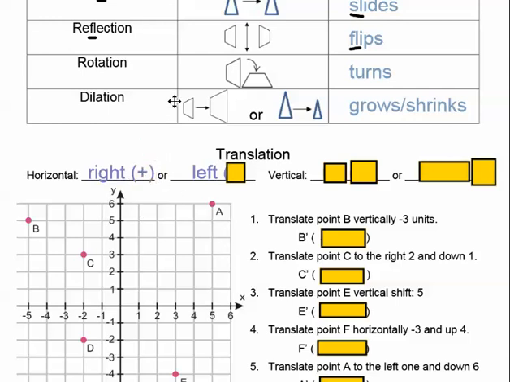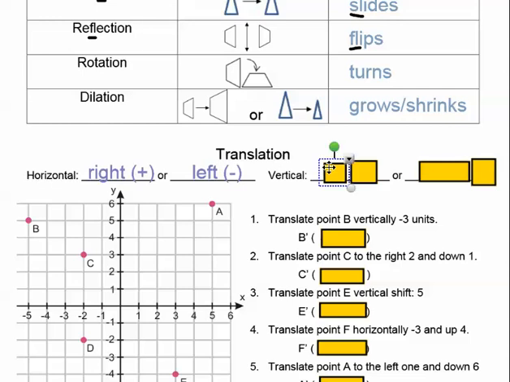So if they said horizontal 5, a 5 shift horizontally, that would be to the right 5. If it were a negative number, let's say -3 horizontal, that means we would move to the left 3. So horizontal is right or left.